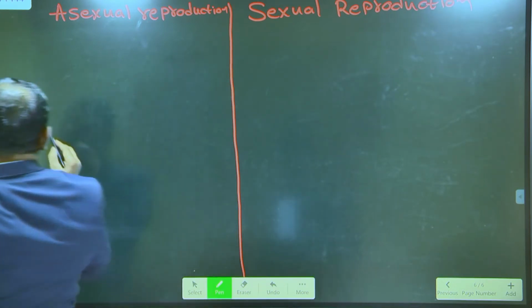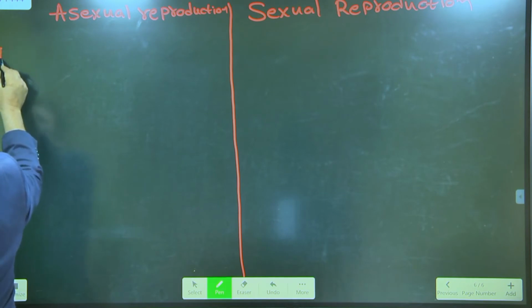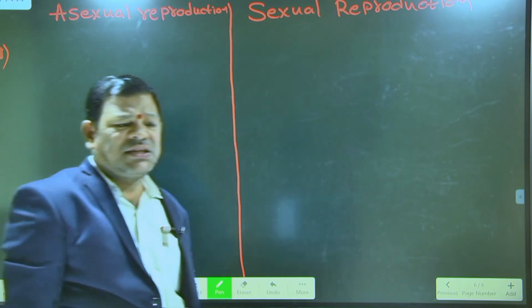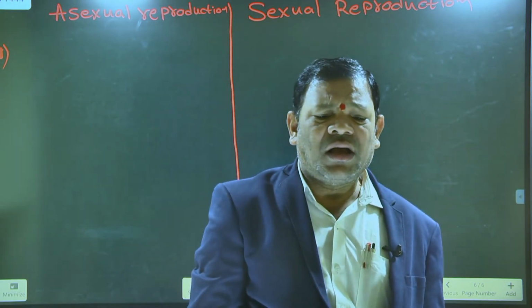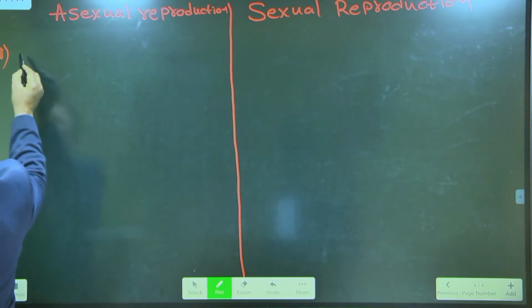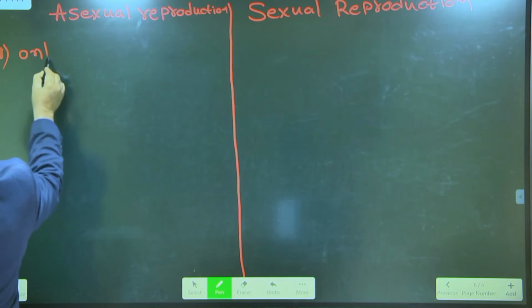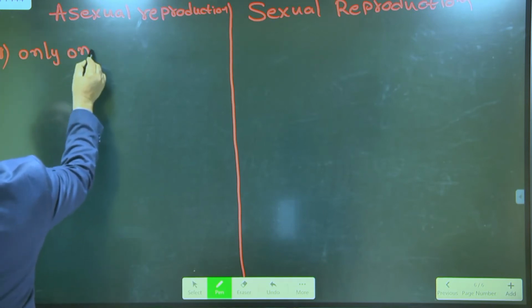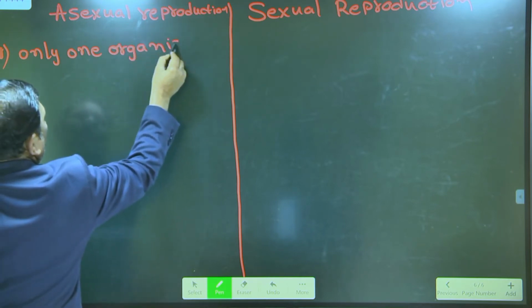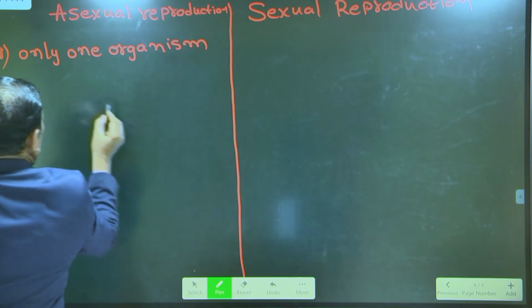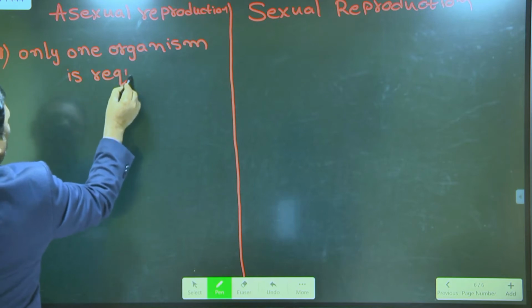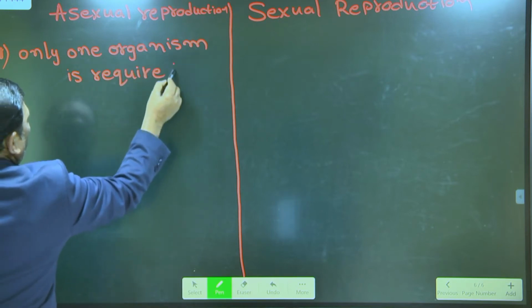So, first difference. Asexual reproduction requires only one organism. Only one organism is required.